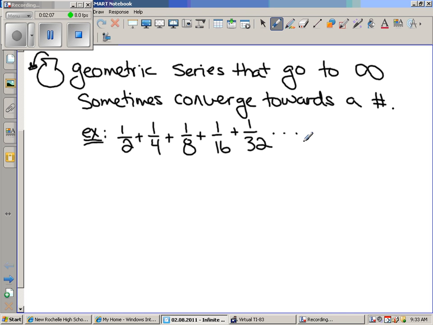Yesterday we learned how to add these up using a formula. In order to use the formula, though, we have to know r. What's r in this particular case? Times by a half. We are multiplying by a half in every single instance.